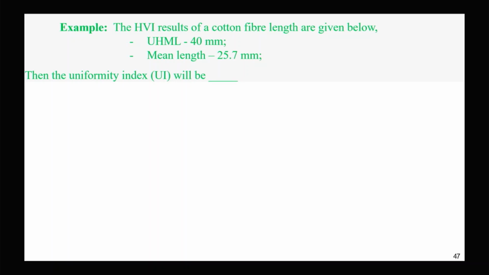Next, the HVI test results of cotton are given. Upper half mean length is 40 millimeter, mean length is 25.7 millimeter.